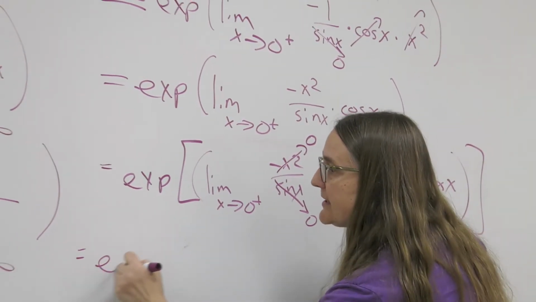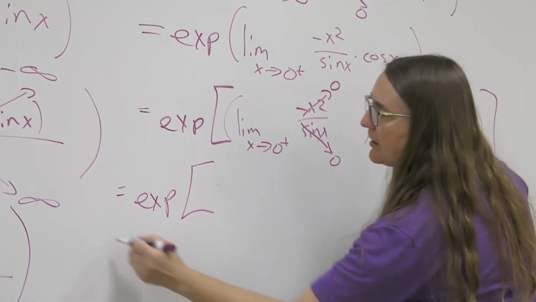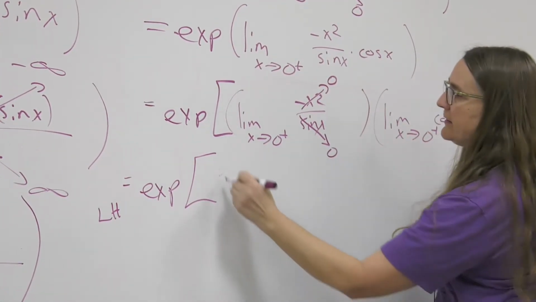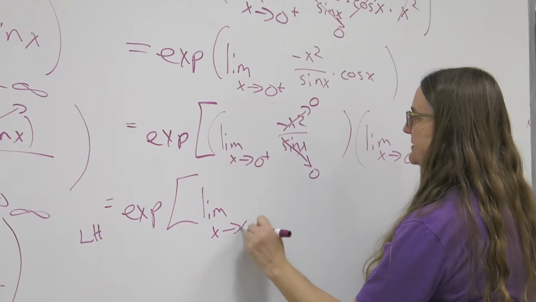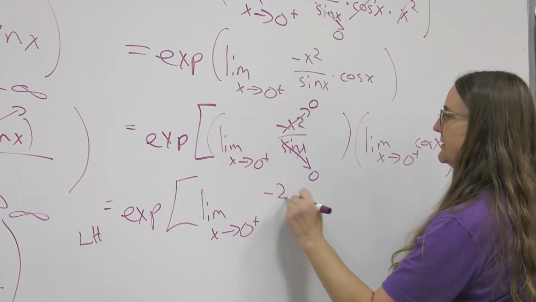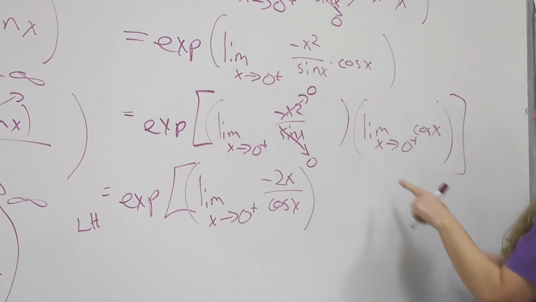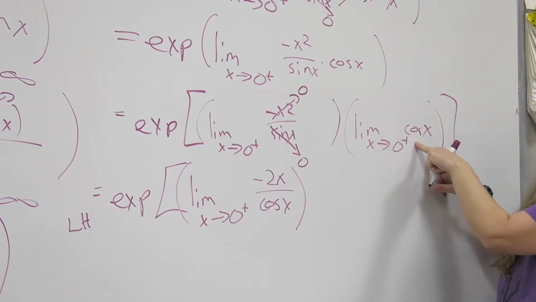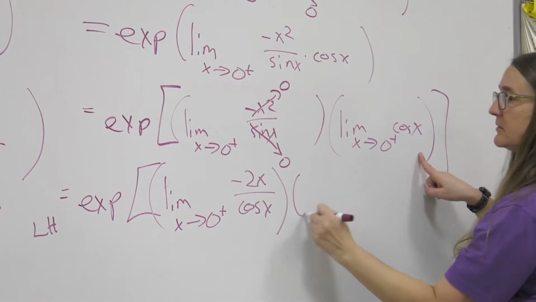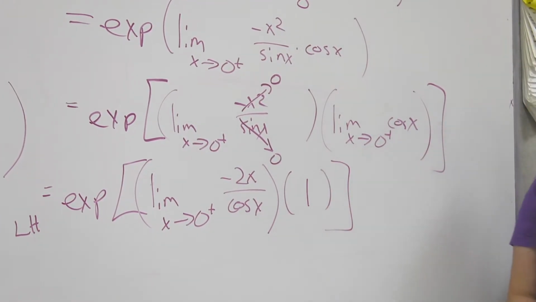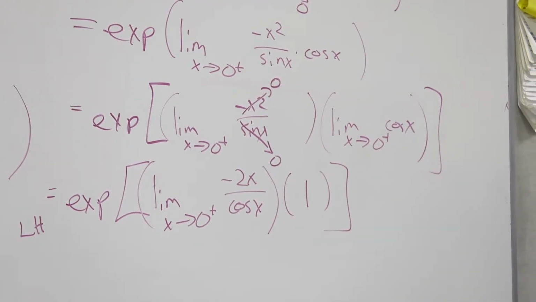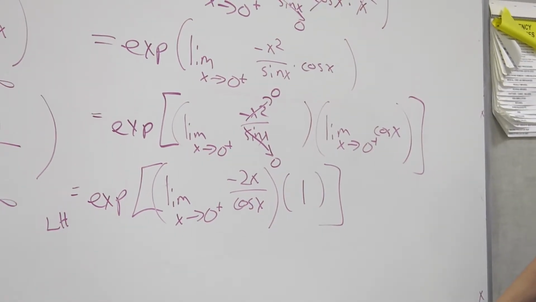Okay. So I can say this is exp of, by L'Hopital, the limit as x goes to 0 from the positive side of negative 2x over cosine of x, times the limit of cosine x is just cosine of 0, which is 1. Okay, excellent.